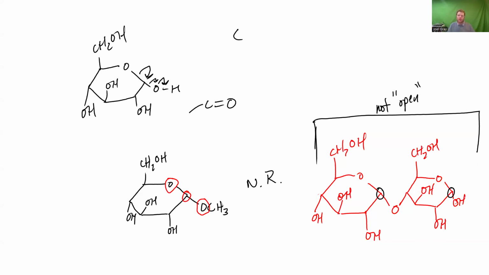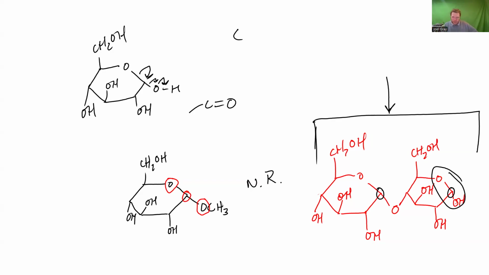Now, would you classify this sugar? Let me go through definitions. If you have one open end, then you do have a reducing sugar. So is this a reducing or a non-reducing sugar? Hit an R into the chat for reducing or an NR for non-reducing. Perfect. This is a reducing sugar because this end right here can open up.